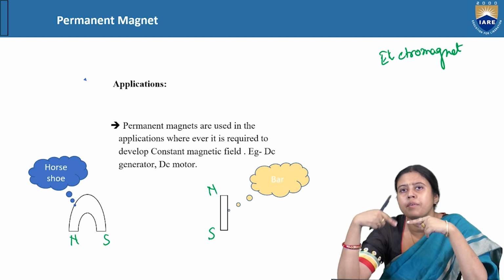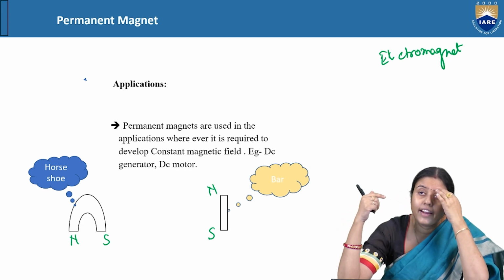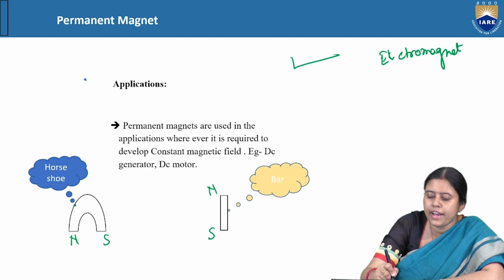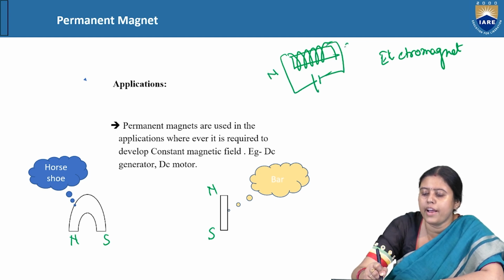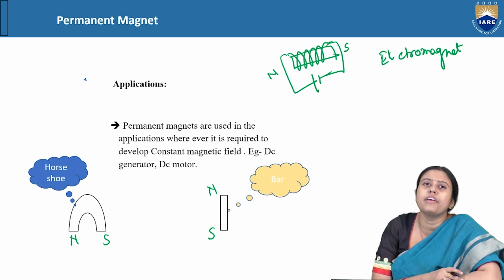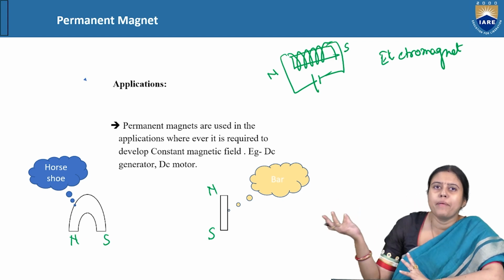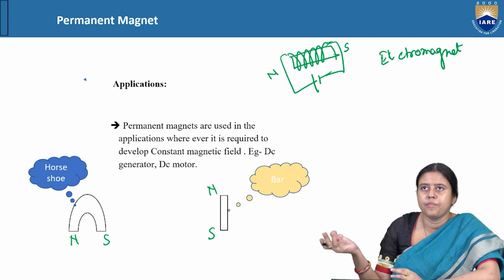If we wind a solenoid on it, we can get the electromagnet. So if there is a bar, we give some conductor here, and if we connect it with the source, one end will be the North Pole and another will be the South Pole. We can see an example in the stator part of any machine.